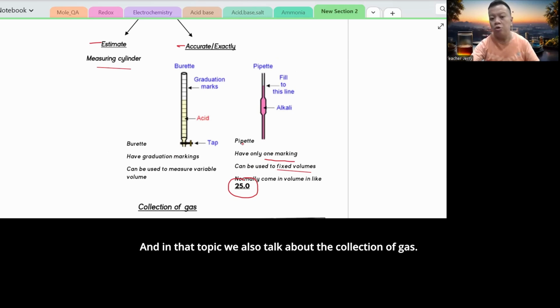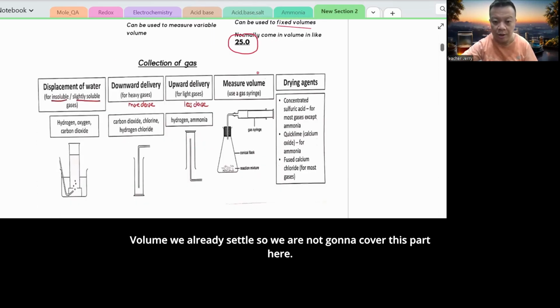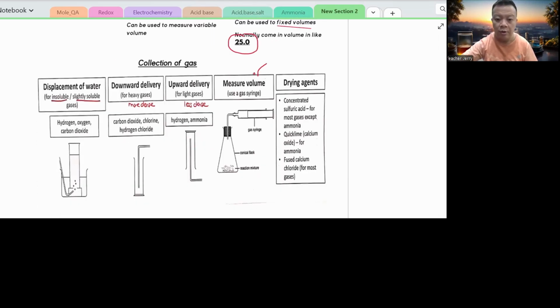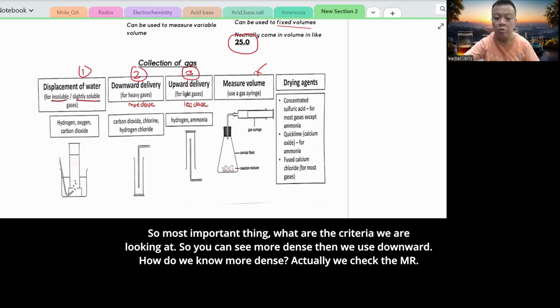In that topic, we also talk about the collection of gas. Volume we already settled, so we're not going to cover this part here. Let's talk about these three methods: displacement of water, downward delivery, and upward delivery. The most important thing is what criteria you're looking at.